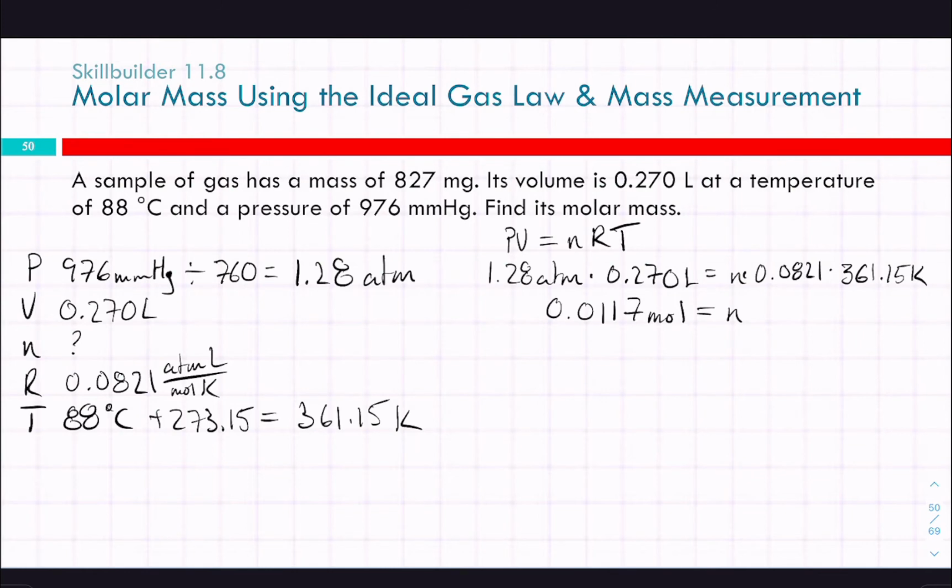Okay, so now how do we calculate the molar mass? Grams over moles, yes. But we have milligrams. So I'll do this over here. If we have 827 milligrams, our decimal place is here. If we want to go to grams, we just move that over 1, 2, 3.